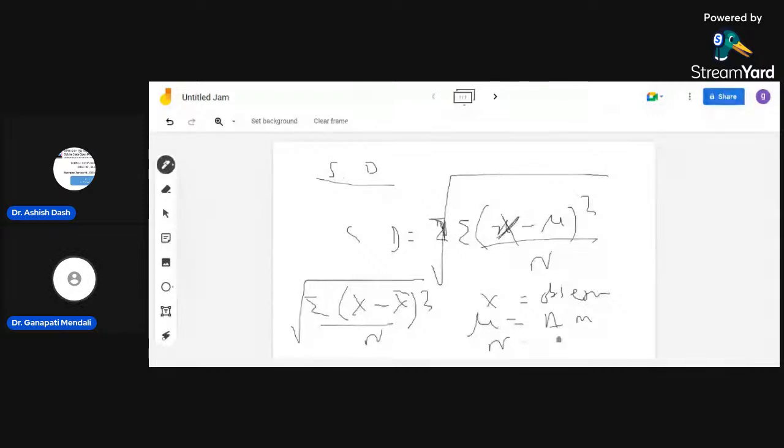So that is the simple formula. This is the population standard deviation, and it is expressed by the Greek letter sigma. Sigma means the standard deviation.